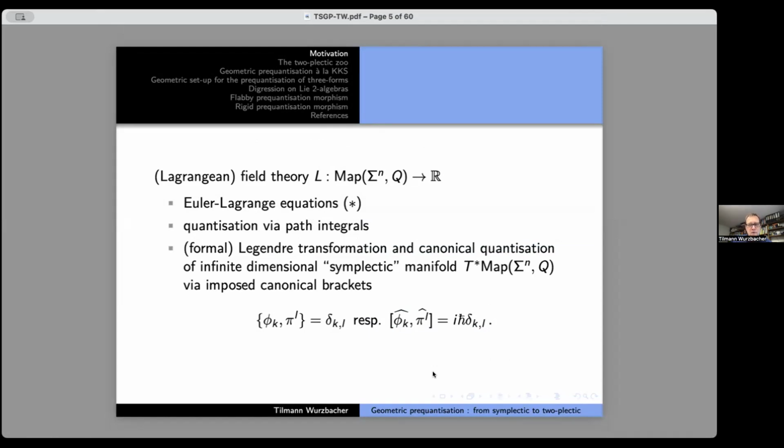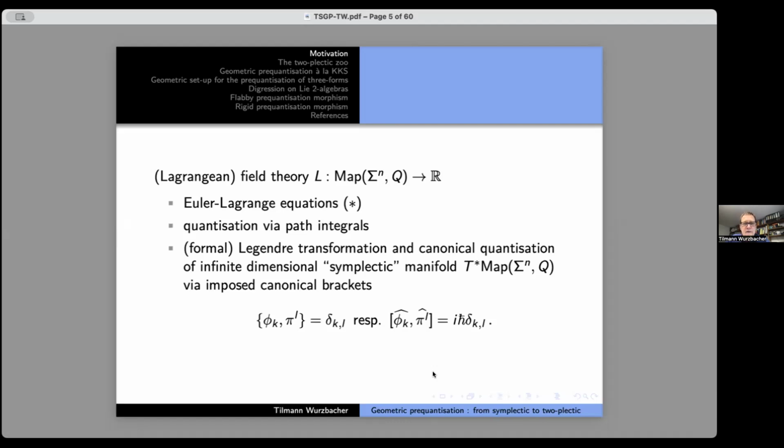And then you have the components of the fields, and you impose on the classical level canonical brackets, and canonical quantization means you just formally impose the operator commutators, which are the sort of quantum version of the classical bracket, but this is rather formal, and it goes via T star of a mapping manifold, which is not even Fréchet manifold, so functional analysis is getting subtle.